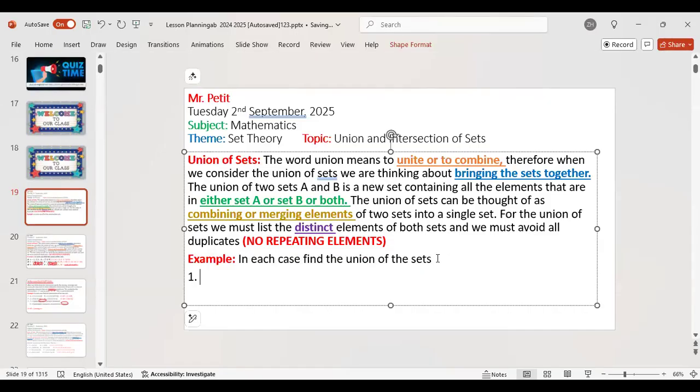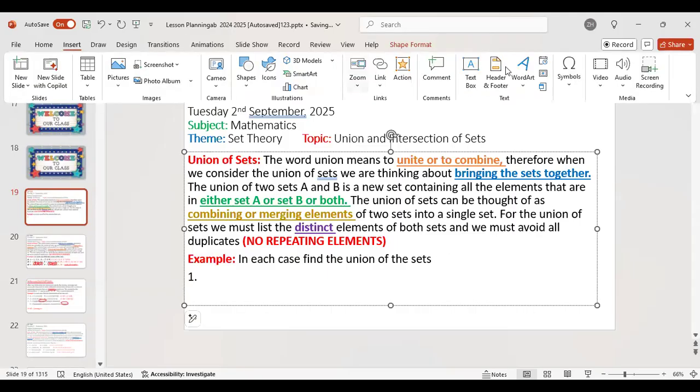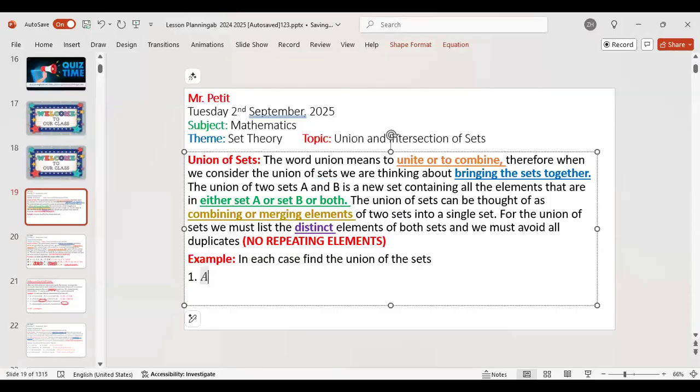So number one, let's say we call the set A. Set A is equal to open bracket 1, 2, 3. Okay. Set B is equal to 7, 8, 9.